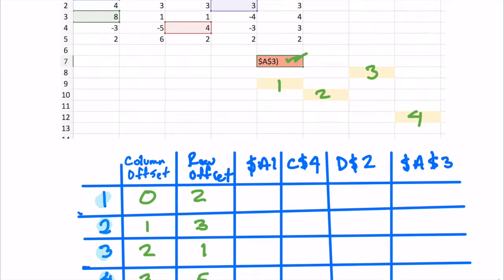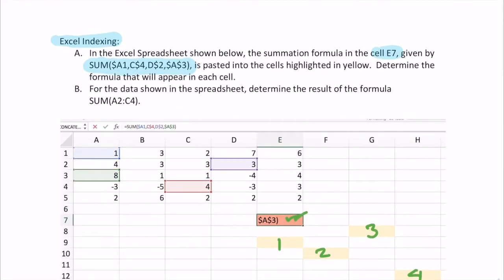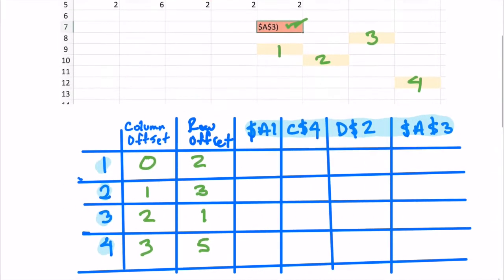These things become important because, based on the column and row offsets, you can tell what happens to each of the arguments of the summation formula. I copied the arguments from here; those are literally the arguments from the sum formula.